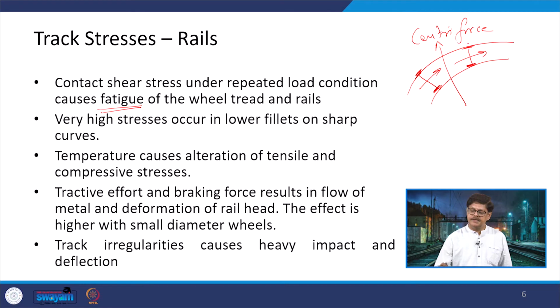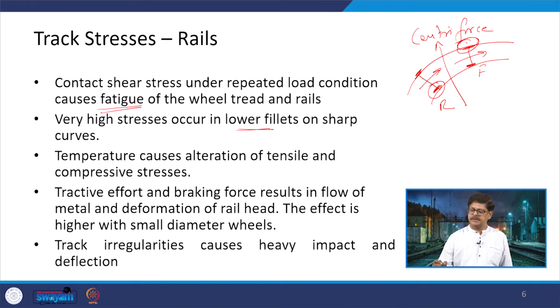So, there is a higher pressure coming on this side as well as a higher pressure coming on the inner side, depending on whether you are talking about the front or the rear axle condition. So, these higher stresses are also going to be there on the curves, and the effect will basically come to the lower fillets, at the rail seat.